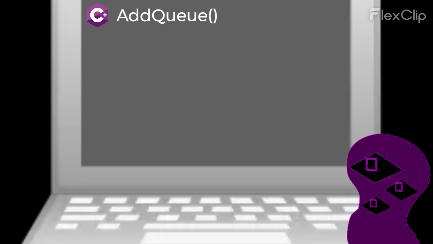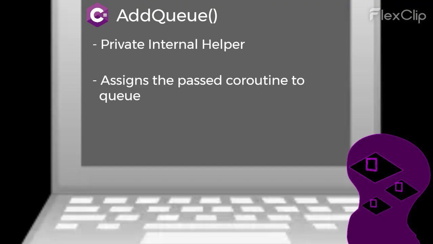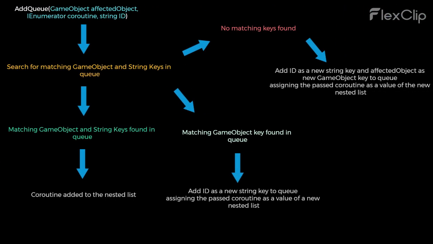And now we have addQueue, a private internal helper function that assigns a coroutine to the queue dictionary. If the queue has a gameObject key and an internal string key matching the passed gameObject and string variables, the passed coroutine is added to the list assigned as the value of the internal string key within the internal dictionary.